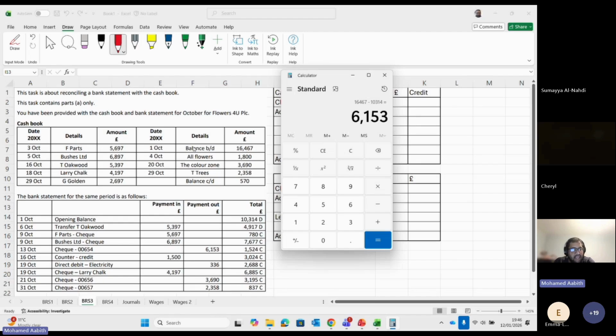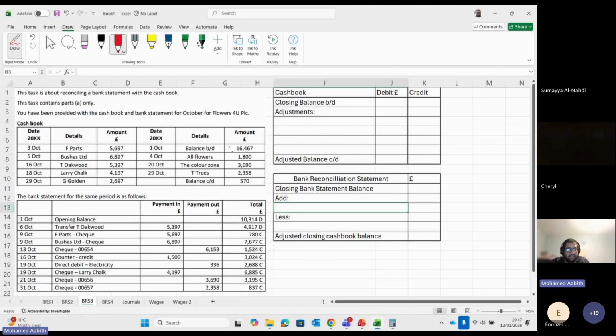So this could be the reason behind the differences. Can you notice that this starts as a credit balance? What is the meaning of that? We are overdrawn. So this overdrawn balance will increase because a check would have created the debt to be increasing. If I'm having more money paid out, this number will eventually become 16,467. So we will reconcile those numbers here.